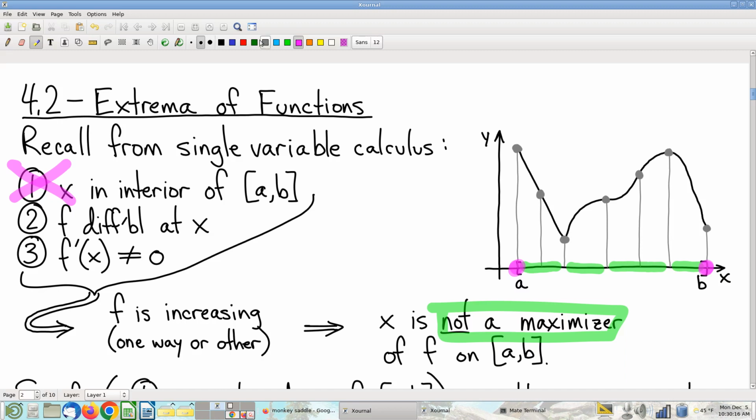There are certain points where the function fails to be differentiable, such as this point. And there are certain points where the derivative is not non-zero. Double negative. AKA there's certain points where the derivative is 0. So these are the points that remain.